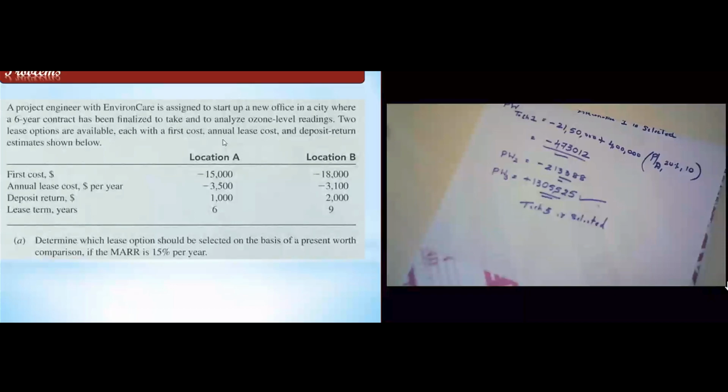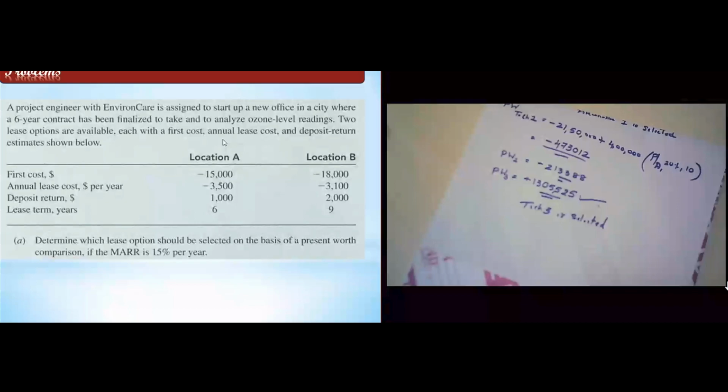So when you have a numerical with changing cash flows, or uneven or unequal cash flows, in that case, either you have to go with the least common multiple method, where you take the LCM of the service lives and calculate the present worth for that LCM period, or you can use the study period method when the study period is given in the numerical, or when the study period is known to you. Okay.